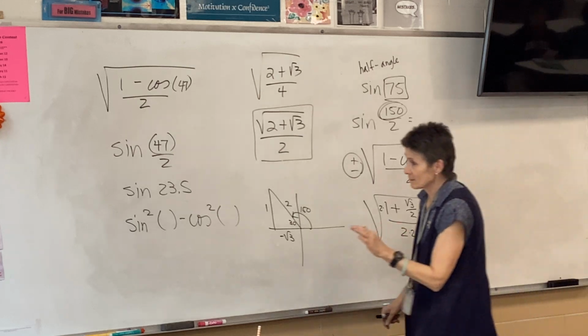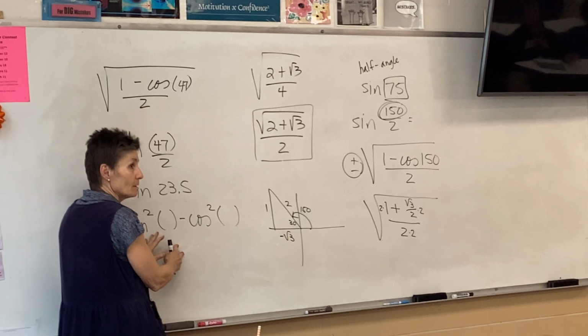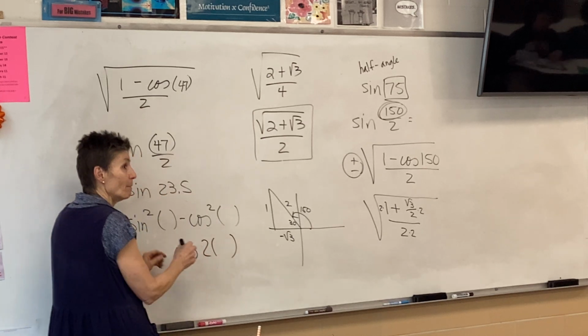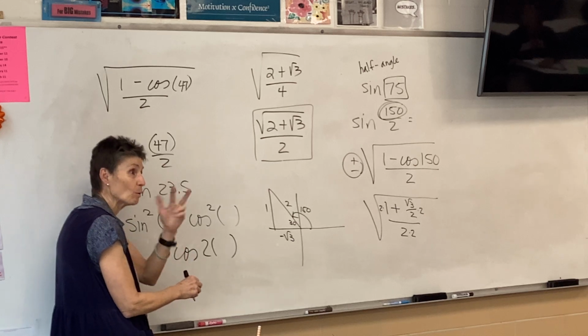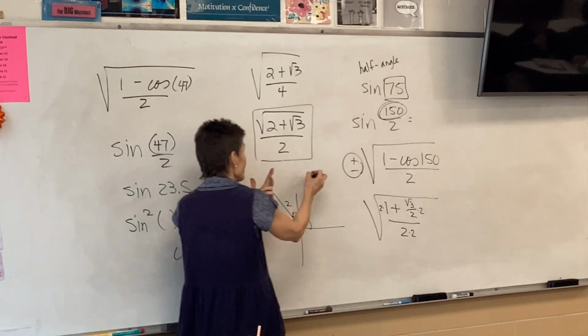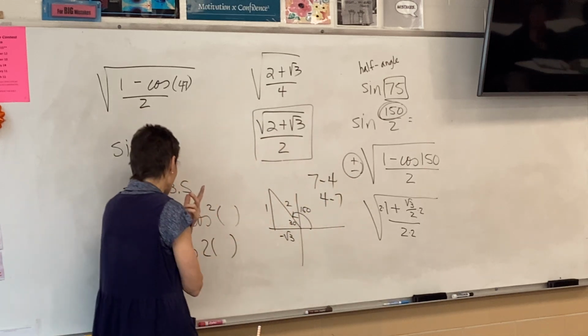Okay, what happens when you subtract in the wrong order? This is your cosine 2 theta formula, but it is backwards. So what happens when you subtract backwards? You get a negative.